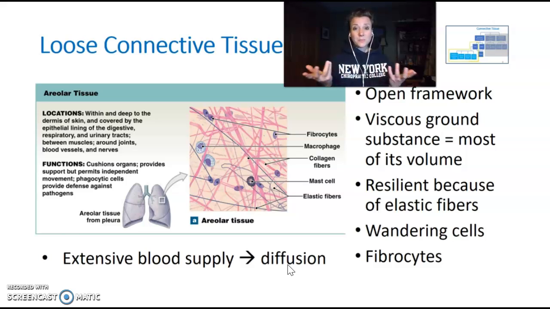And because it's mostly filled with this viscous ground substance, these molecules are going to be able to easily diffuse through this tissue to get to other tissues that lie on top of it or around it that may be avascular, that don't support their own blood vessels.